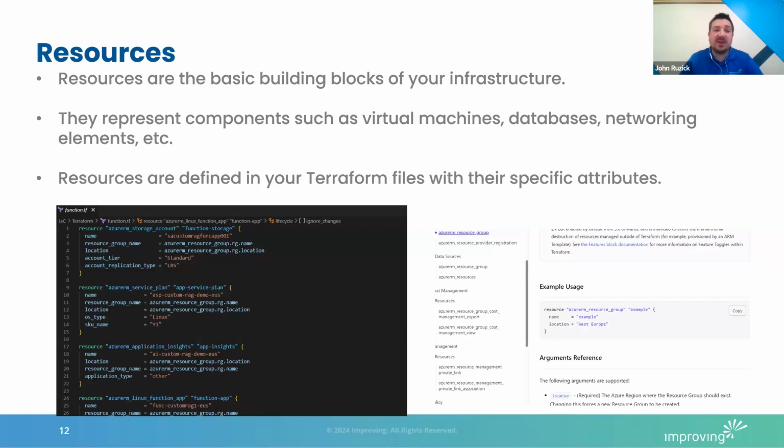And these resources are defined in your Terraform files with specific attributes. I talked about the documentation and the provider registry. This is where you can find the exhaustive list of all of the attributes that a resource supports in Terraform. So here on the right-hand side is a short screenshot of the documentation for the azurerm_resource_group resource. It shows you the example usage. At a simple level, what is the simplest deployment of how you could deploy a resource group in your configuration file?